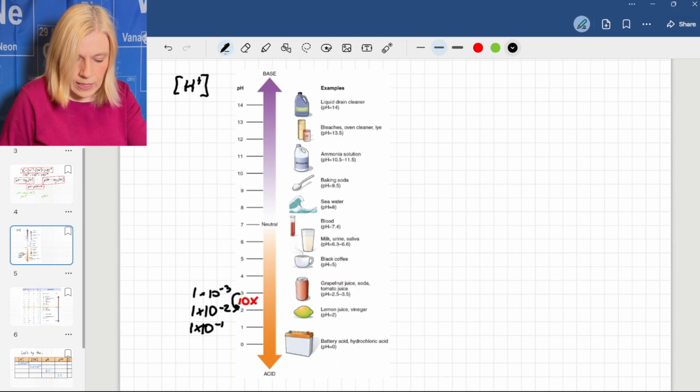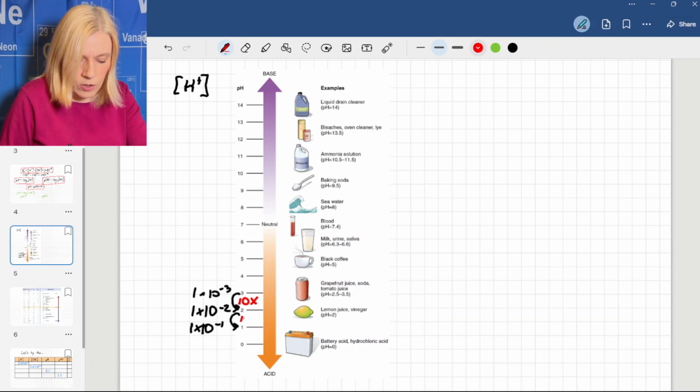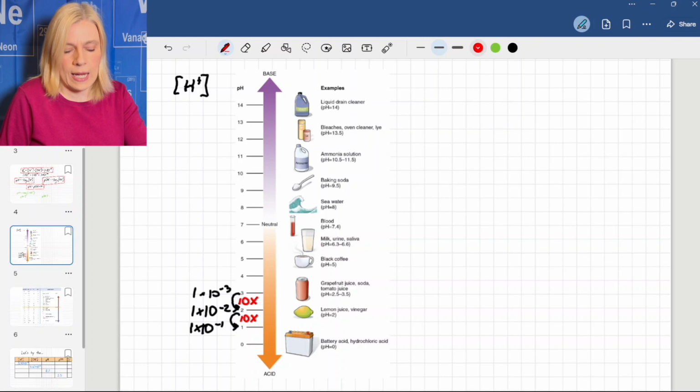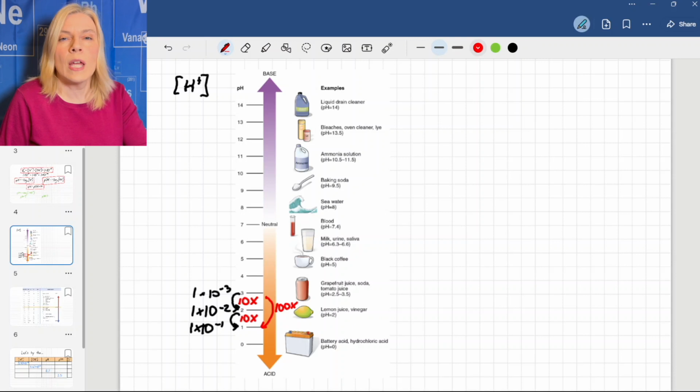If I go here, how much more acidic is something with pH of 1 than pH of 2? That's also 10 times, because it has 10 times more H plus ions. So if I go from 3 to 1, this will be 100 times more acidic. pH of 1 is 100 times more acidic than something with pH of 3.